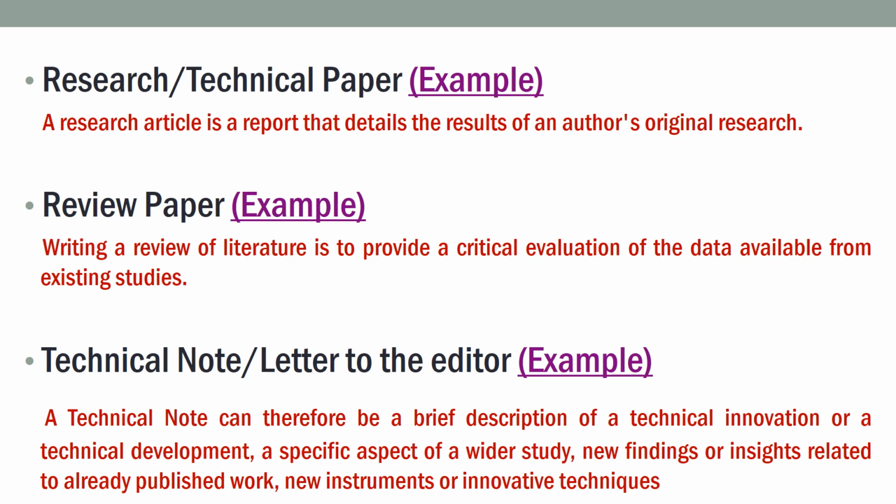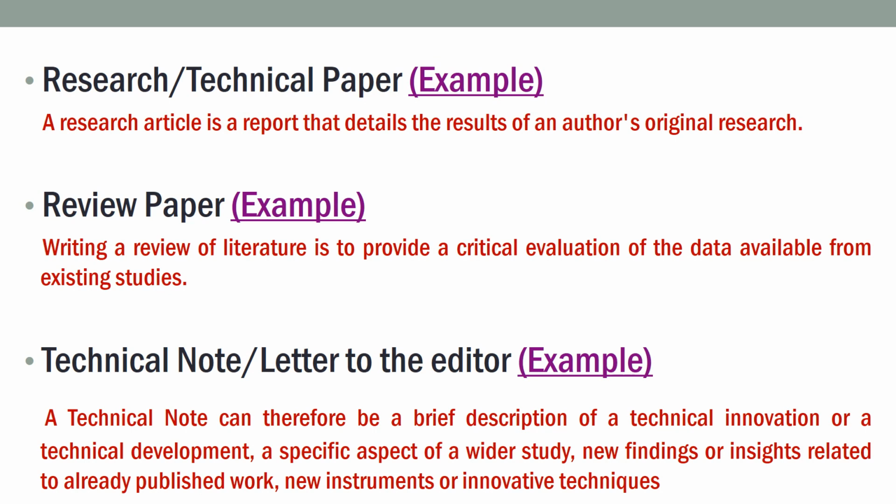The second is a review paper, where you have to review a minimum of 200-300 research papers available on your research domain, and you have to critically evaluate the findings of those research papers, and then finally you have to address the research gap, which is useful for new researchers to fix their objectives and to extend their research.